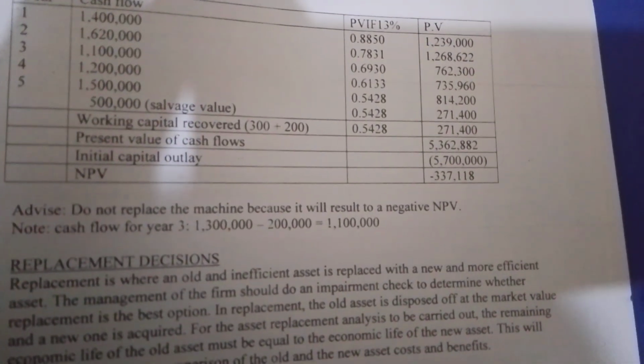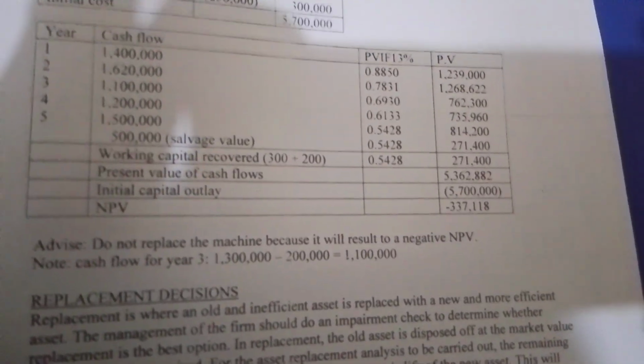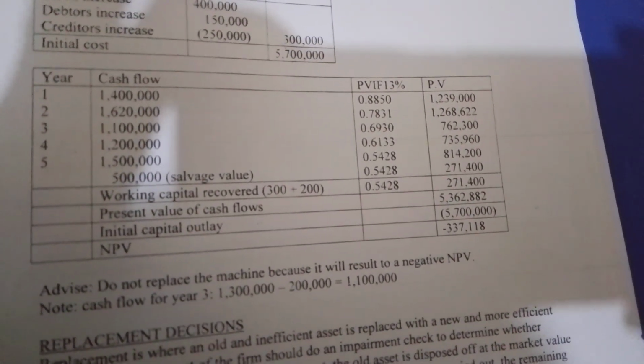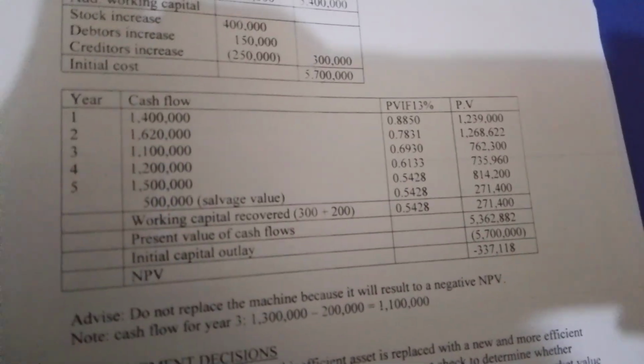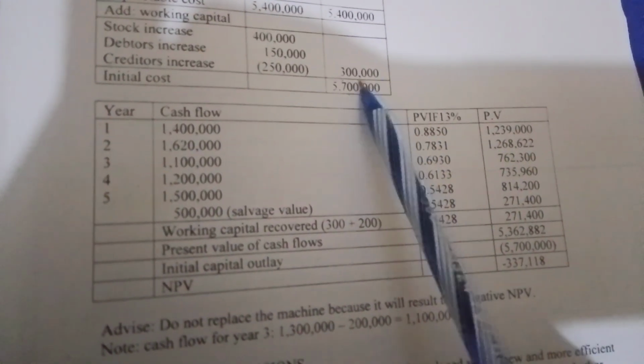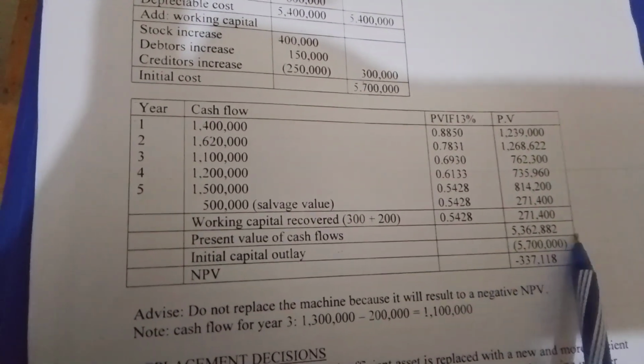If you sum up all that, you get 5,362,882. You minus the initial capital outlay, which is the initial cost of 5.7 million. You less 5,700,000.